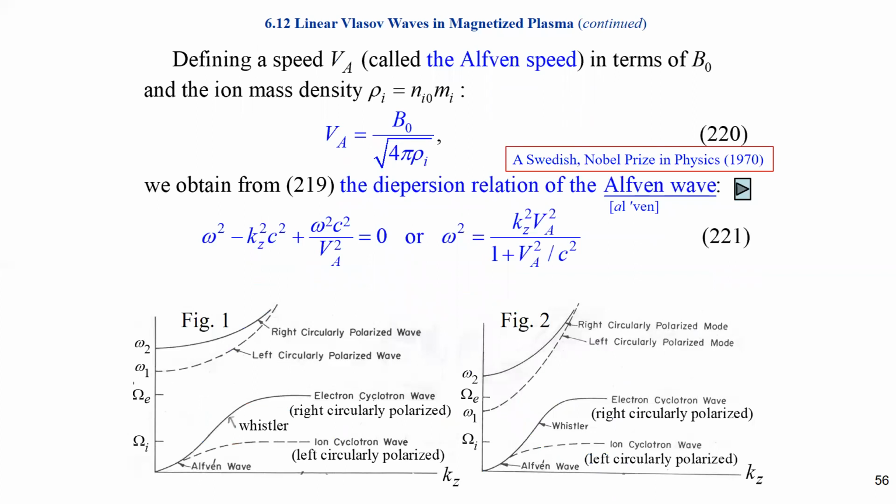So we can define a velocity called the Alfven speed. Let me show you.